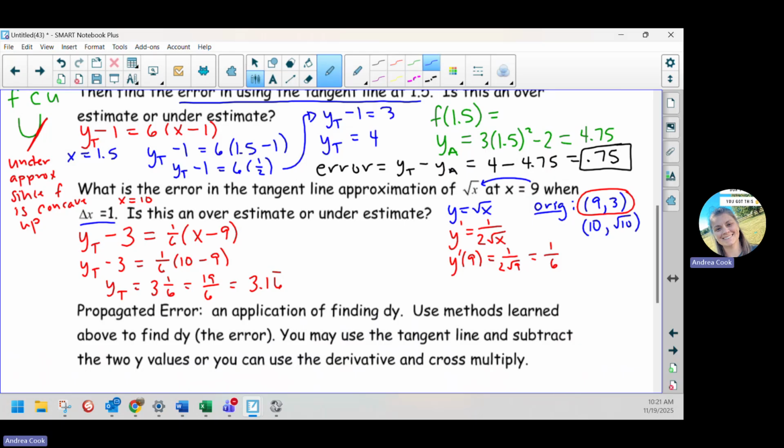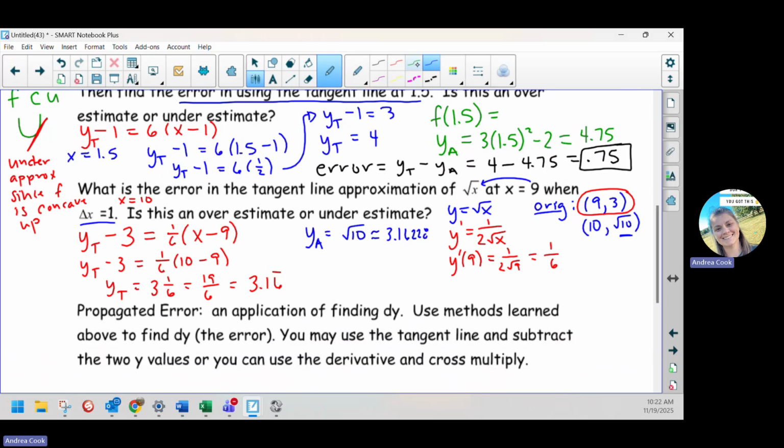All right, and then our next step, because remember we're finding error, so we need the actual y value. So we need y actual, which we already found out. Remember over here it was the square root of 10. And the square root of 10, if you put it in your calculator, is approximately 3.16228.